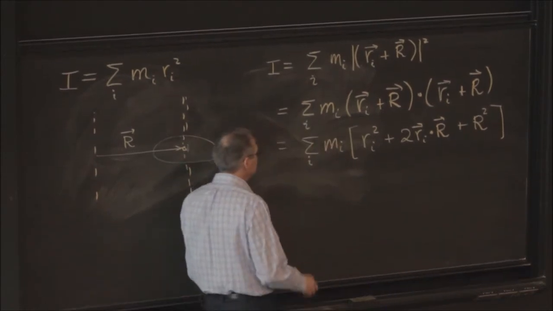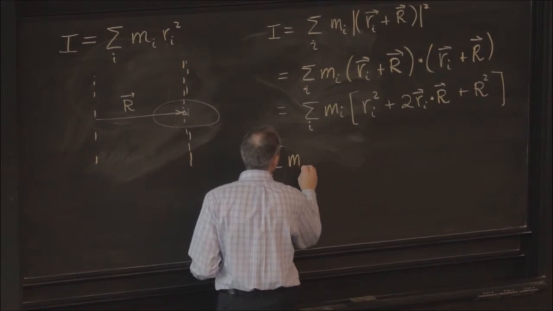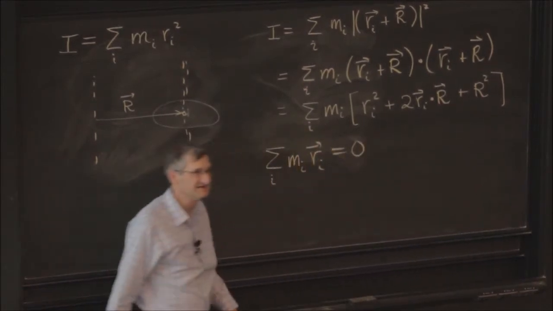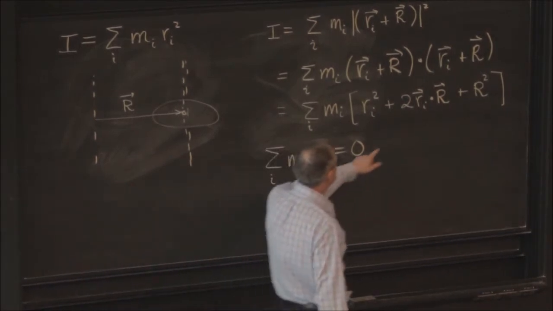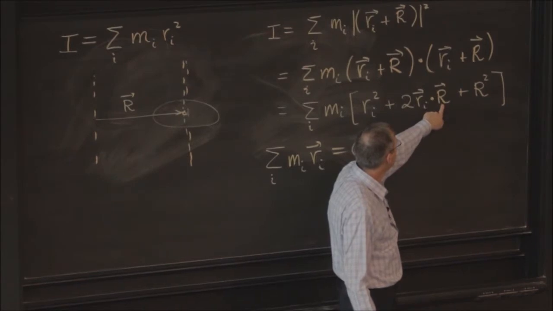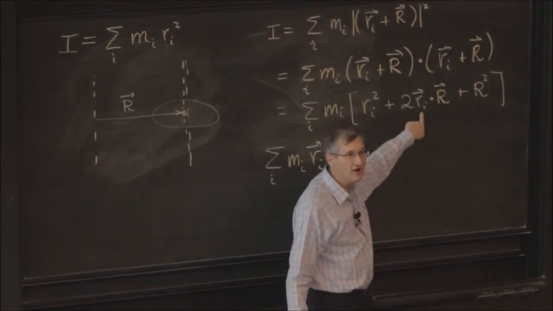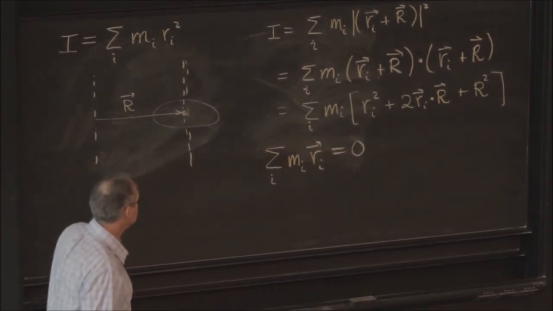So remember, the center of mass satisfies the sum on i, m sub i, r sub i is 0. The first moment is 0. So since big R vector is a constant, I could pull that out of the sum, and I'm left with m sub i, r sub i vector. But if I measure from the center of mass, that disappears.